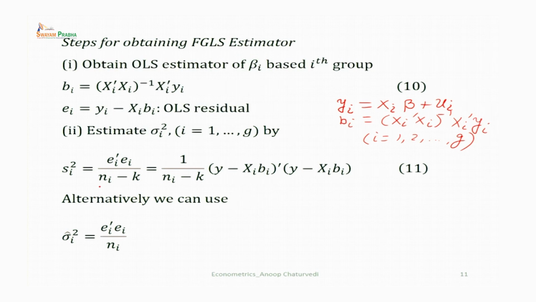Of course, here we assume that all the ni's are greater than k. This is the assumption which we require. So, in each group we must take the number of observations greater than the number of explanatory variables k. Or suppose you want to go for the maximum likelihood procedure, then you can estimate sigma square i by sigma hat square i equal to ei transpose ei upon ni.